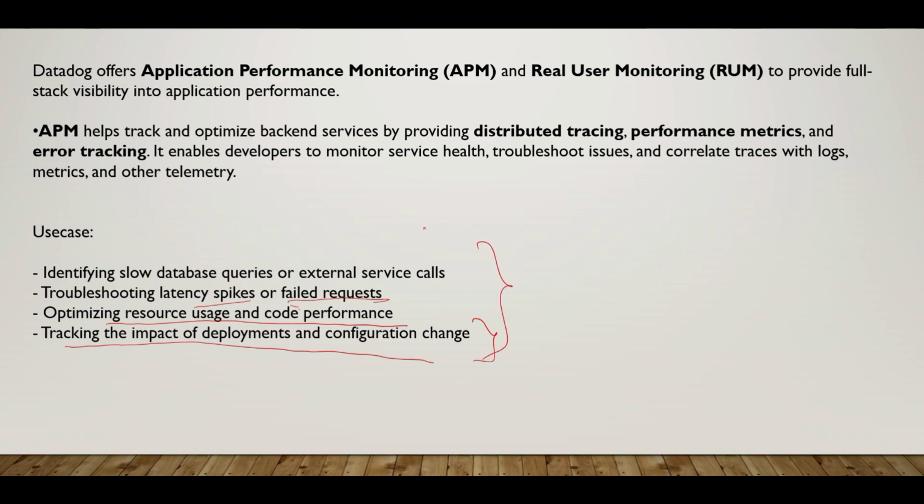Now what we will do is create one Linux machine. Inside that we will install the Datadog agent, and we will deploy one Java application. I have one Spring Boot Java application. So we will install the Datadog agent and the Java application, and we'll try to access it from outside.